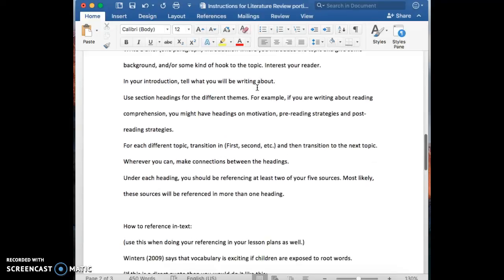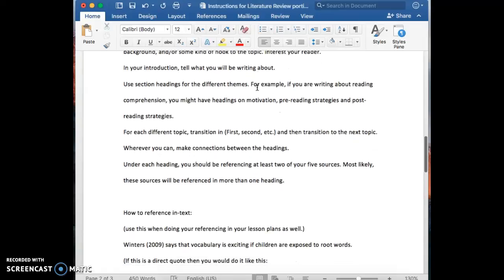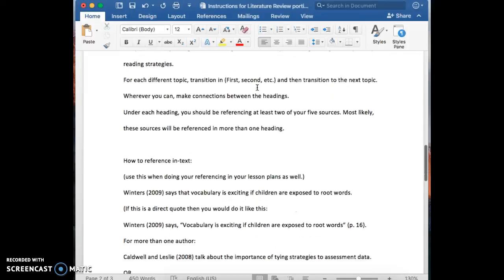And then in the introduction, you're going to have a sentence toward the end where you tell what you're going to be writing about. For example, if you're writing about reading comprehension, you may say that within this paper I'm going to address 3 areas of reading comprehension, and they are motivation, pre-reading strategies, and post-reading strategies. So that might be a part of your introduction.